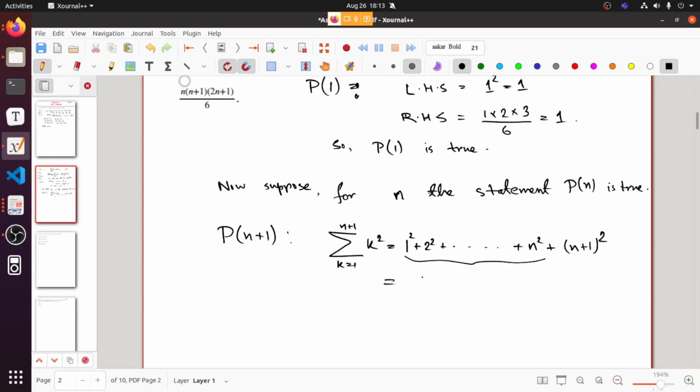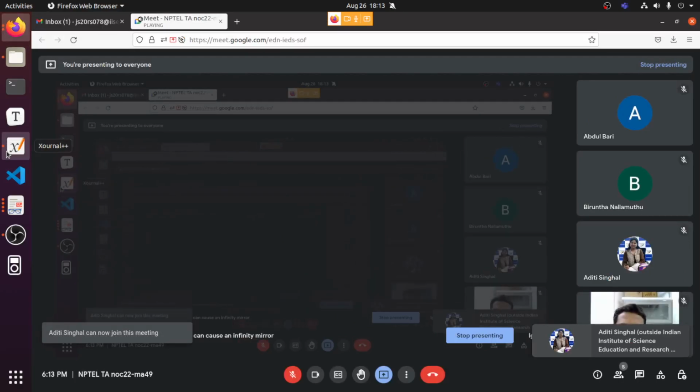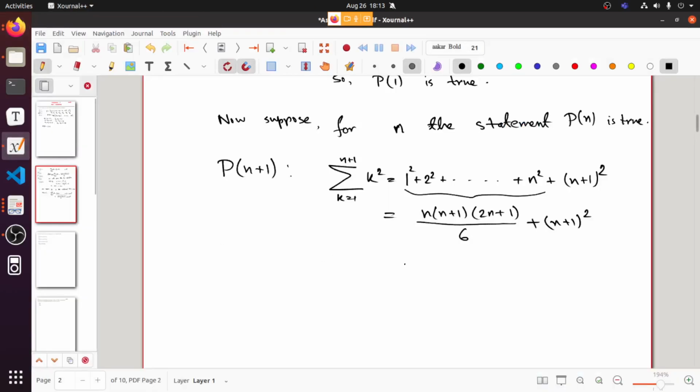So this is n into n plus 1 into 2n plus 1 by 6, and then plus n plus 1 whole square. Now take n plus 1 by 6 common, then what you will get? You will get n into 2n plus 1, which means 2n square plus n plus 6n plus 6.